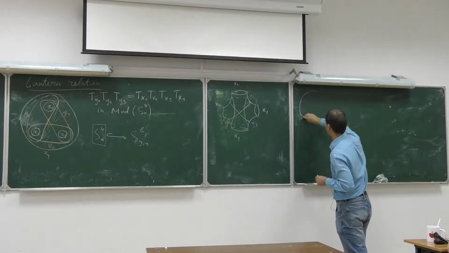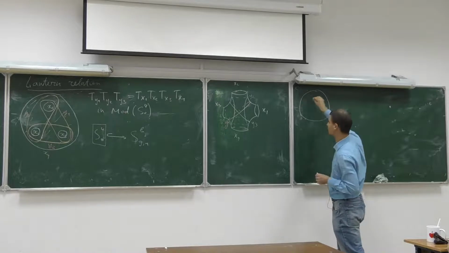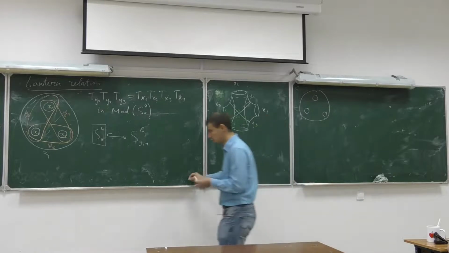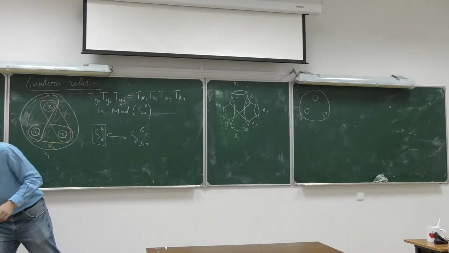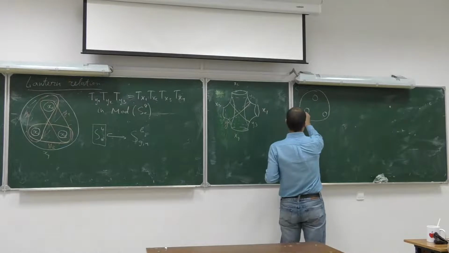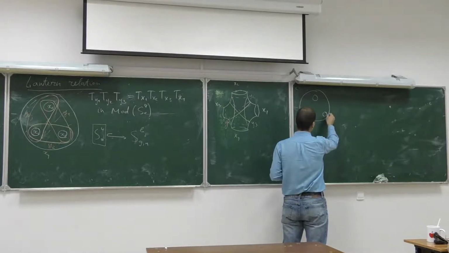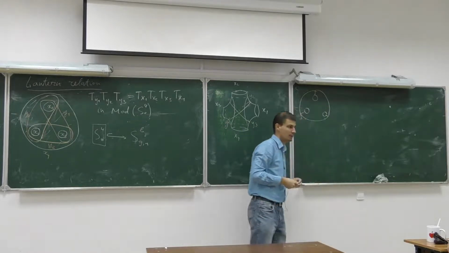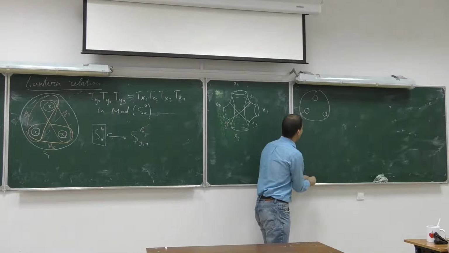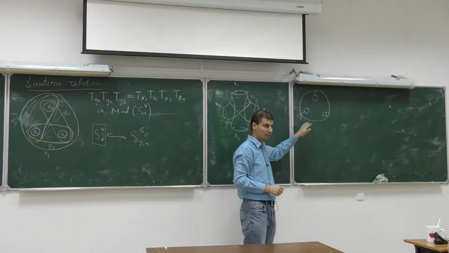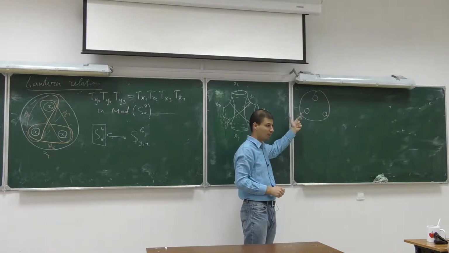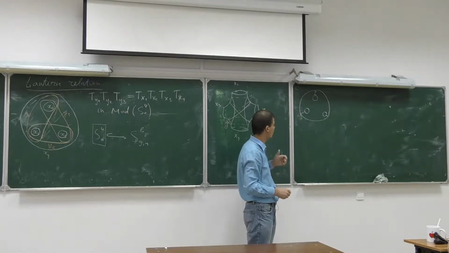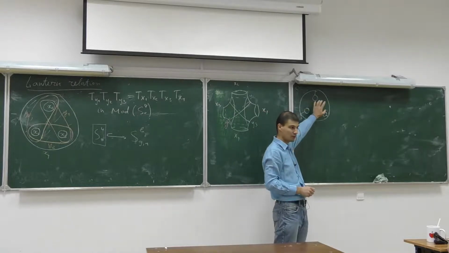Let us consider these 3 arcs: this one, that one, and those one. These 3 arcs are simple arcs with endpoints on the boundary. The boundary is pointwise fixed, and the complement of the union is a disk.